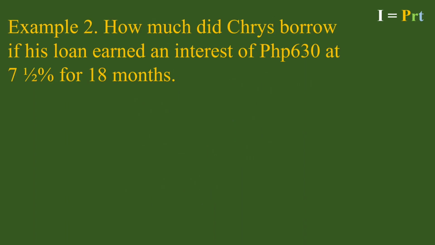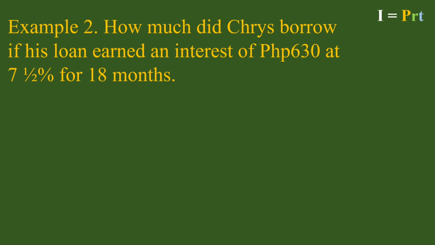Okay, second example. How much did Chris borrow if his loan earned an interest of 630 pesos at 7.5% for 18 months? Now, let us identify what 630 is in this example. So, this is the interest earned.